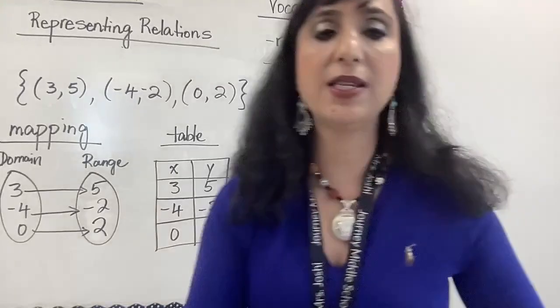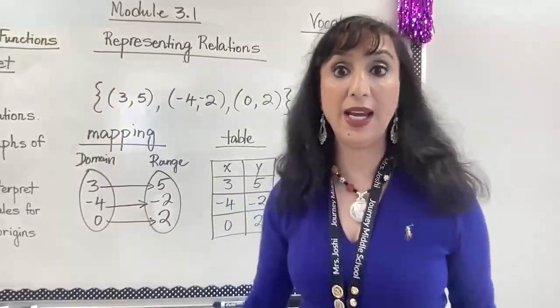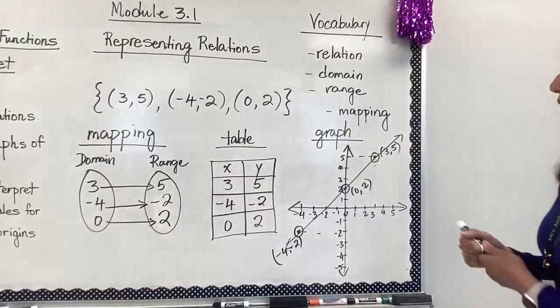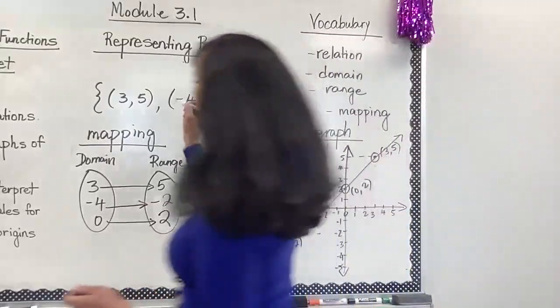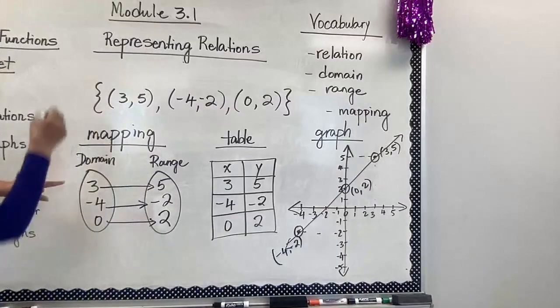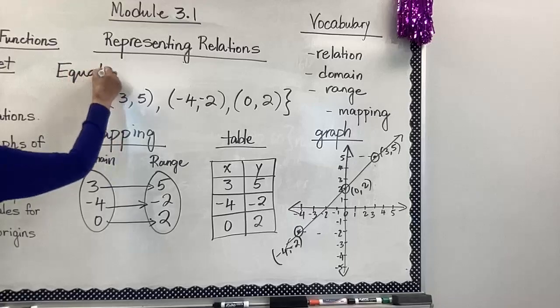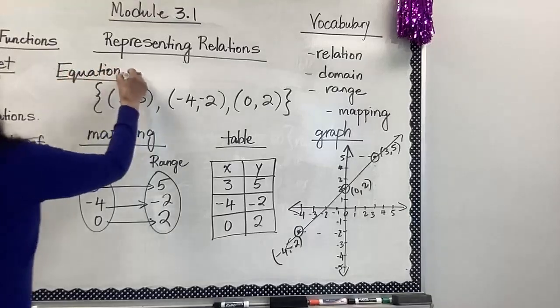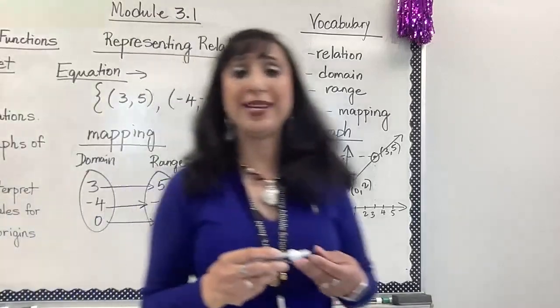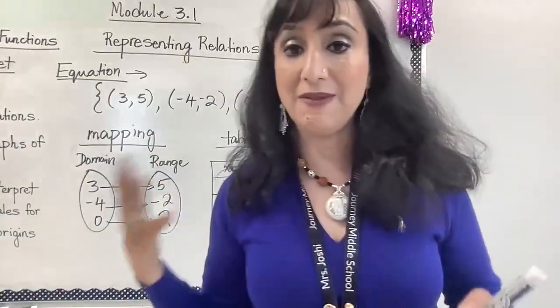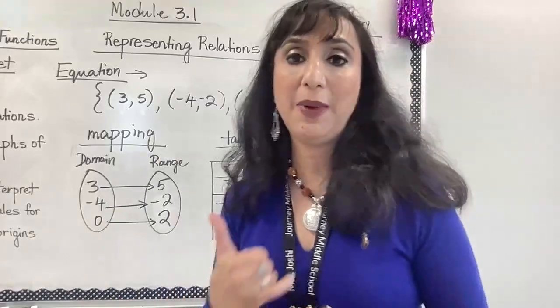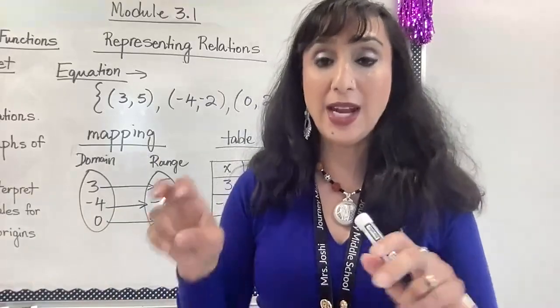And then, of course, I can write out an equation. If I'm looking at all these values over here, so if you're going to make a relationship, we know and we have learned in the past that x is the independent variable and y is the dependent variable because it depends on x.